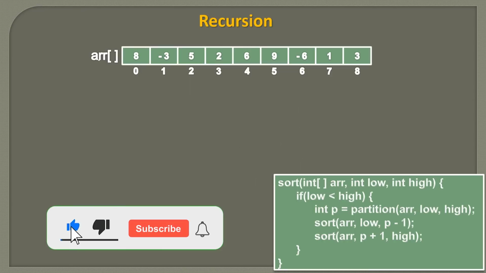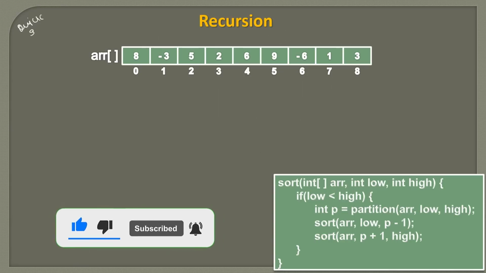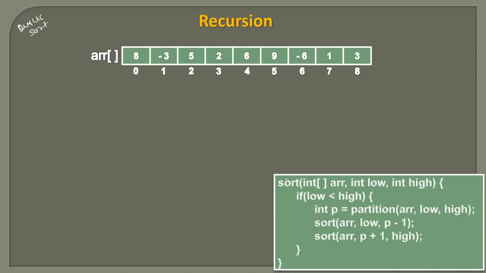Let's say we want to sort this array using quicksort. Here you can see a small piece of code which does the sorting. It takes in an array and a range, from which index to which index we need to do the sorting. The first step is the partition step.